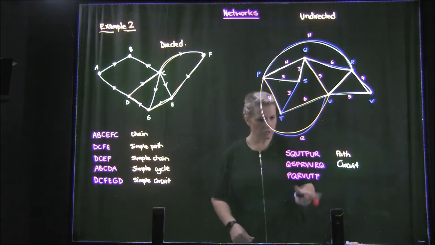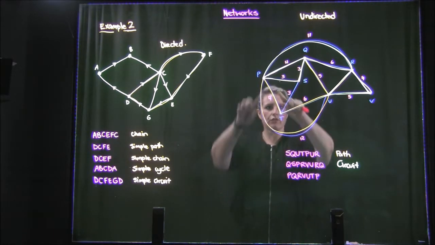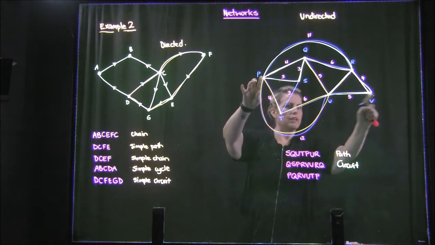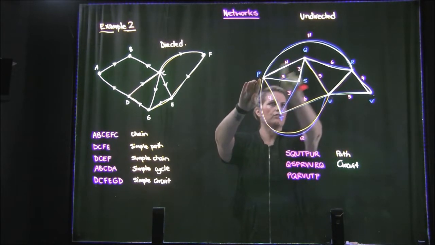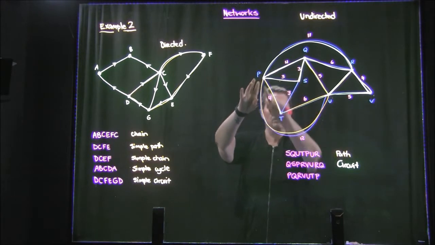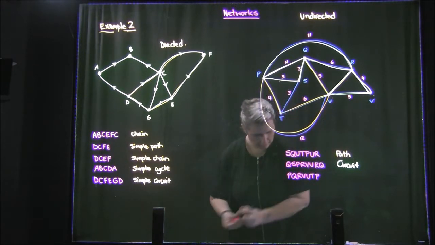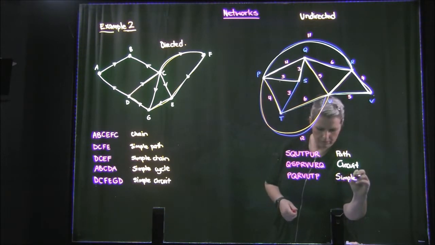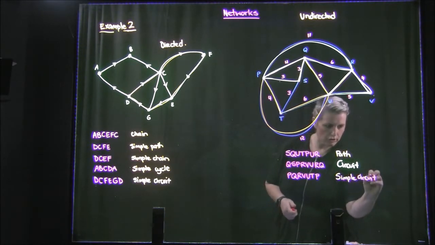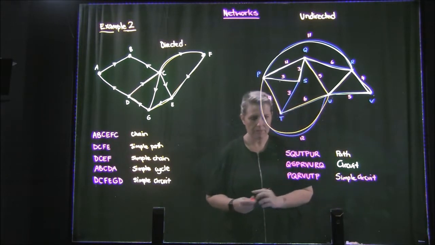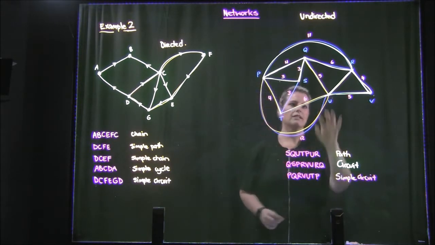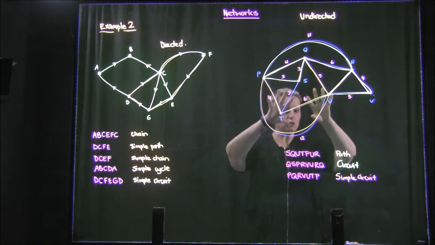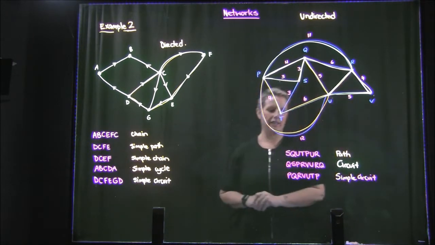However, it returns to its starting point, does not cross over itself. So P, Q, R, V, U, T, P. So you can see it doesn't cross over itself at all. So it is a simple circuit. Returns to its starting point just like this one. The difference between these two is that this bottom one doesn't cross over itself, whereas Q, S, P, R, V, U, R, Q crossed over itself over here.